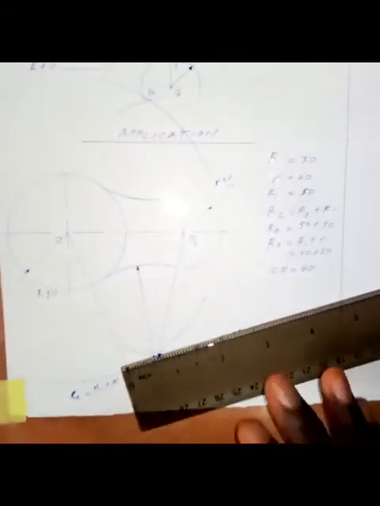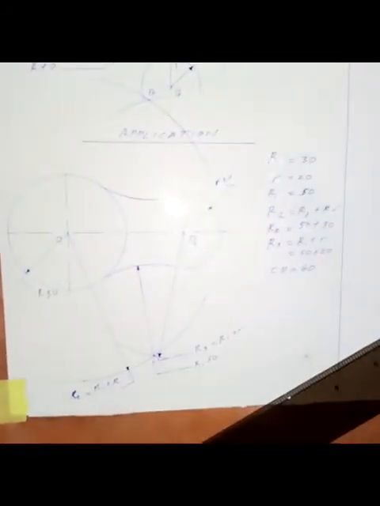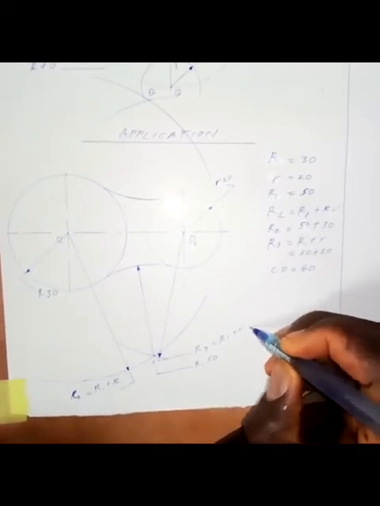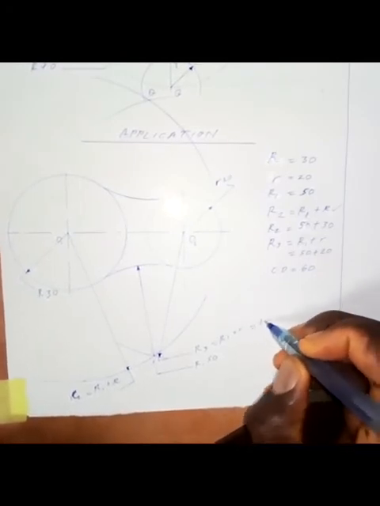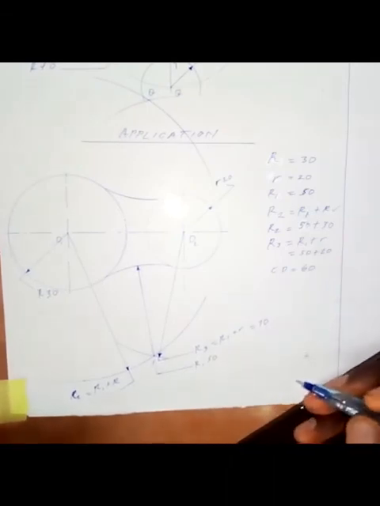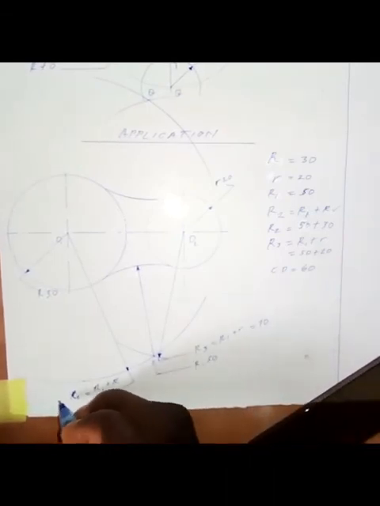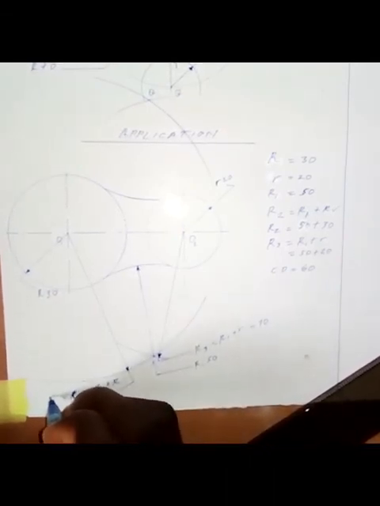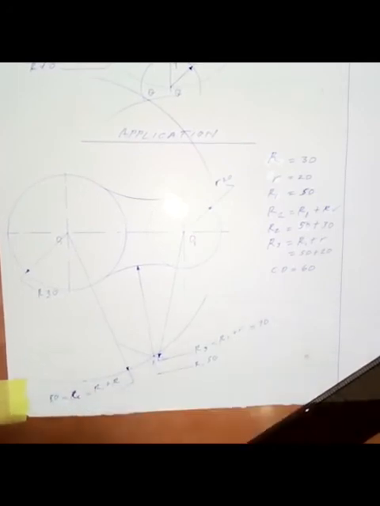So that is the dimension. So just follow. Don't forget that this one is equal to 70 mm. That is 20 plus 50, and this is equal to 80 mm. That is 50 plus 30. So this second principle of tangency is as simple as I explained it.